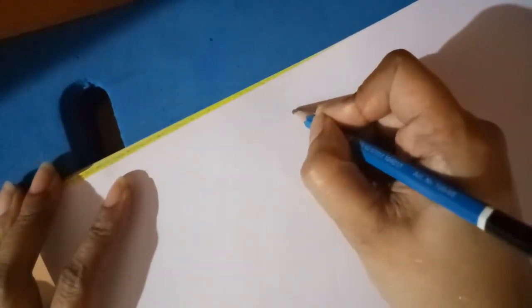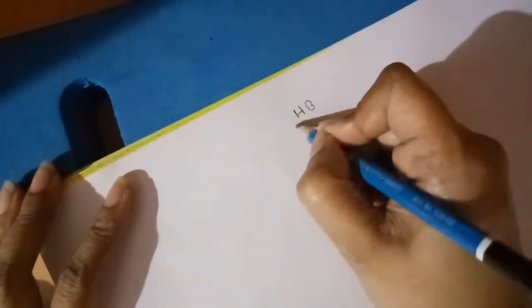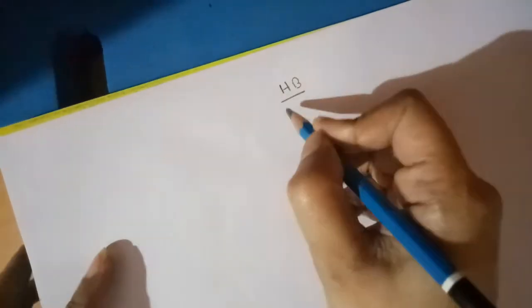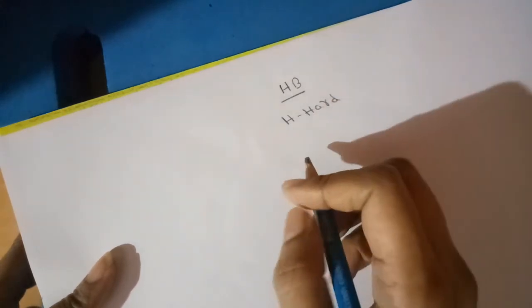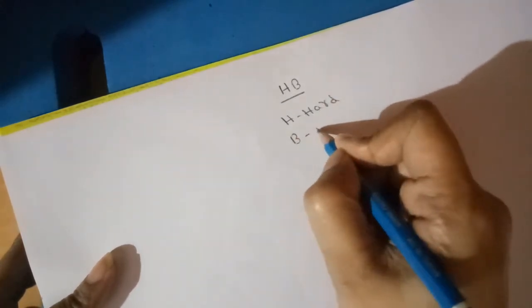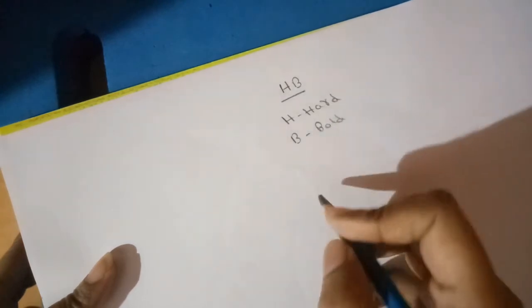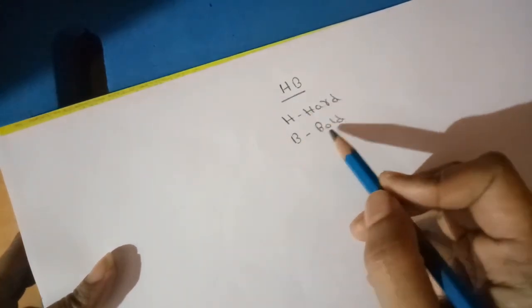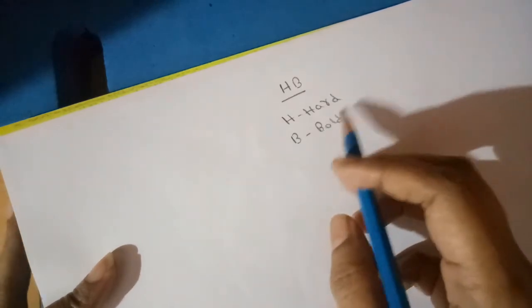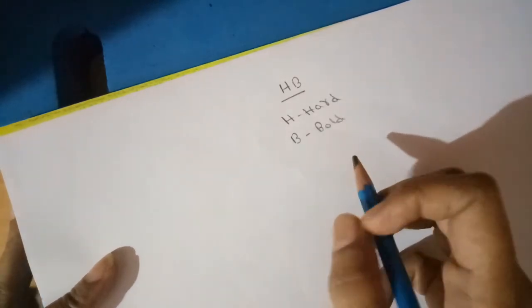If you see here, HB. So H means hard, B means bold. So here H means hard, B means bold. I will explain what hard and bold mean also.